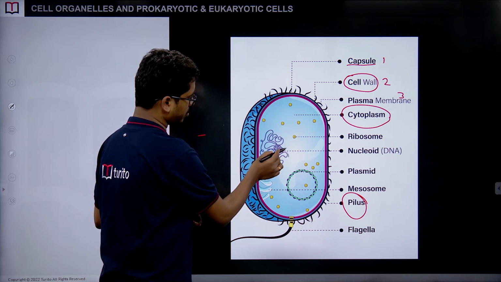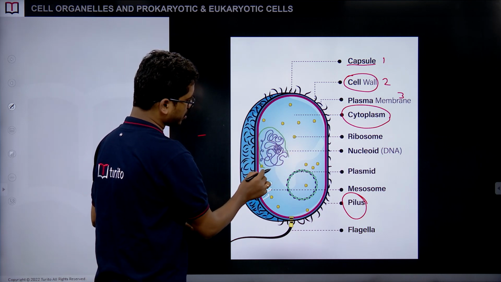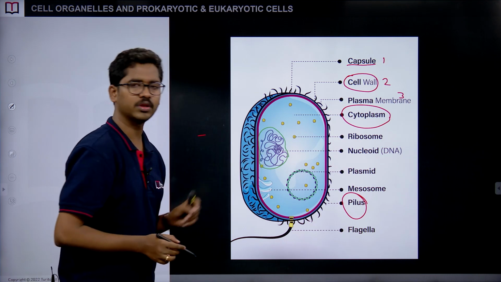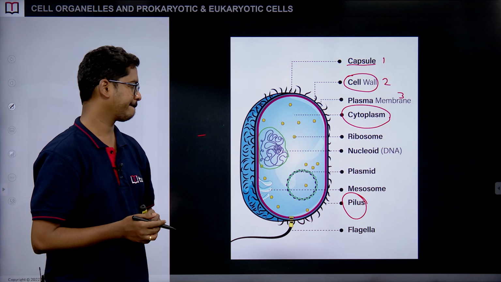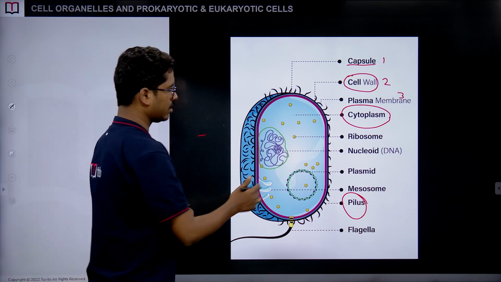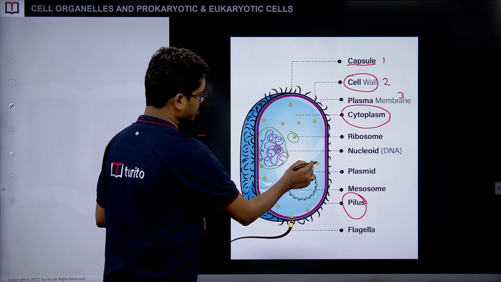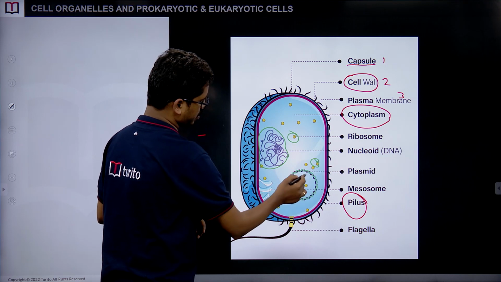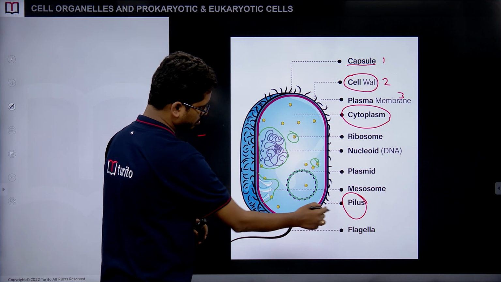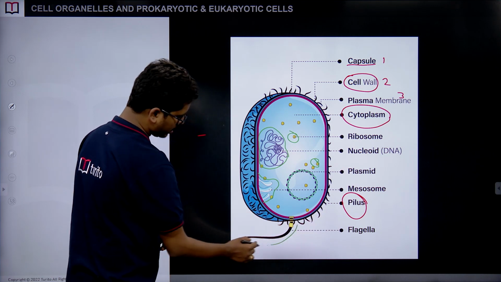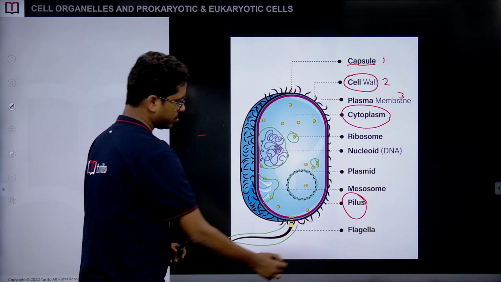So, this is what the pseudo nucleus was referring to. This is how the nucleus appears in the case of a prokaryotic cell. You see there are ribosomes available, yellow in color. There is another organelle called plastid, there are small mesosomes, pilus, and this tail like structure over here known as flagella.